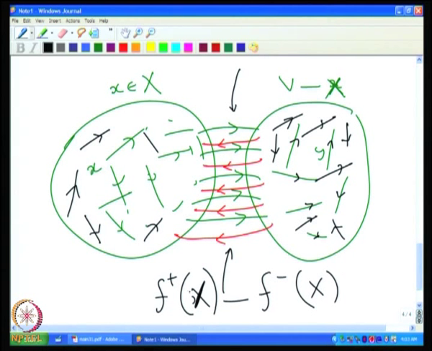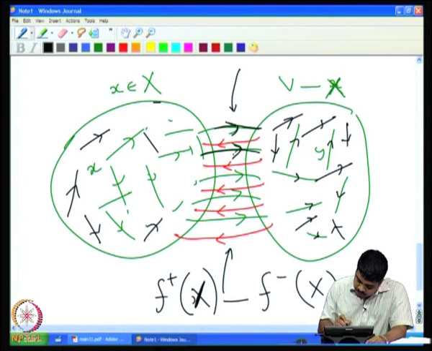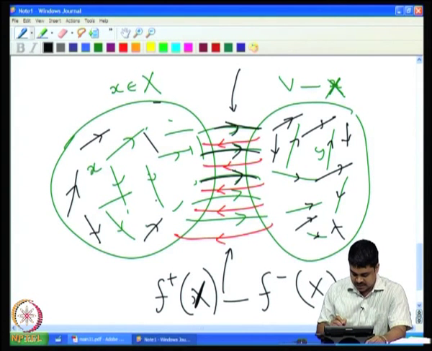What do I mean by f plus of x? If this is the set x, the edges directed such that they go out of x, this collection of edges is called f plus of x.